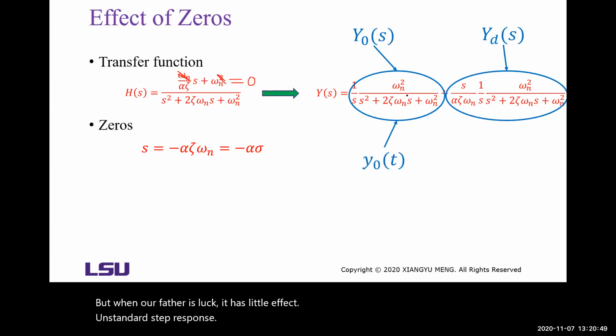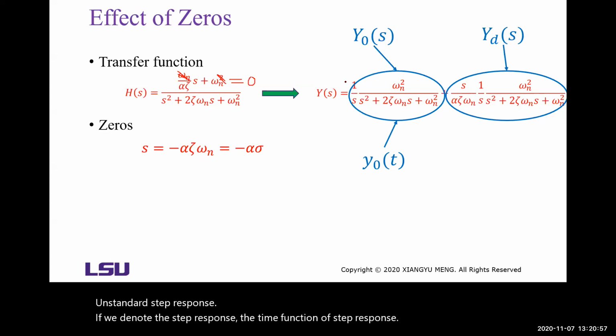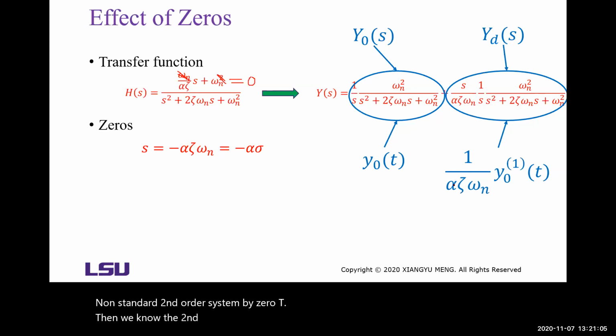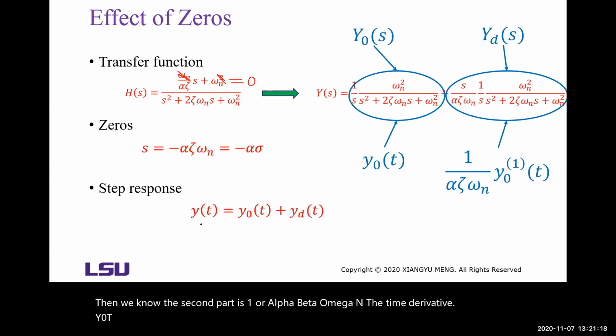If we denote the time function of the step response of the standard second order system by y0(t), then we know the second part is 1 over alpha beta omega n, the time derivative of y0(t). Then the total response will be y0(t) plus yd(t). That's this term.